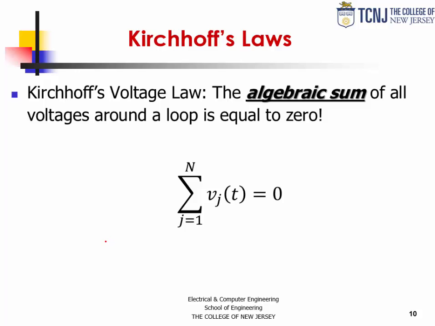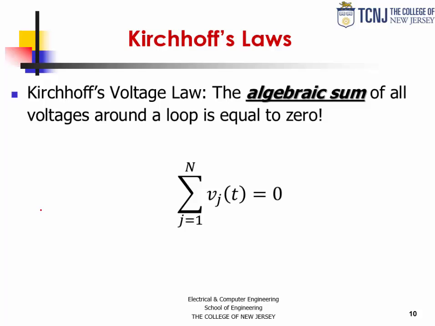The sign that I encounter across that voltage is going to be what I'm going to be using. So if I encounter a negative sign, that voltage is going to be expressed as a negative voltage. And if I encounter first a positive sign, that voltage is going to be expressed as a positive voltage. And then I'm going to add everything together, preserving those signs, and I'm going to equate it to zero.